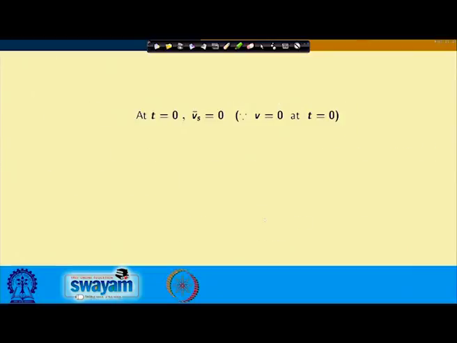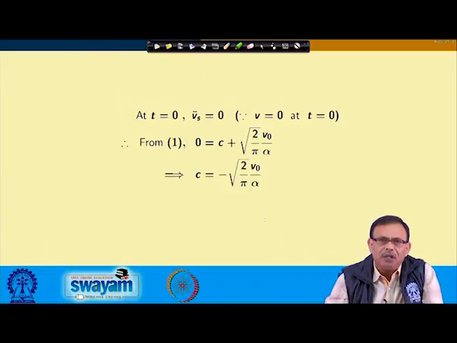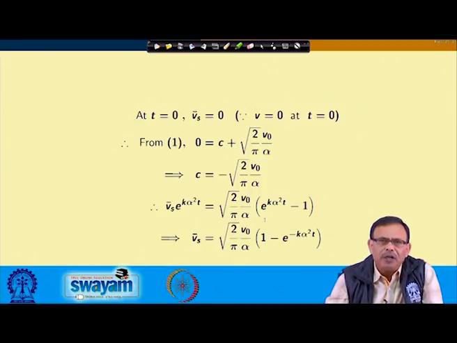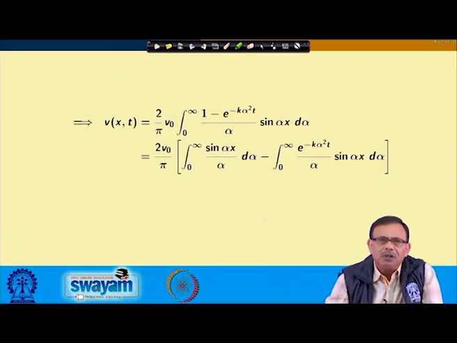And once I am obtaining this, at t equals 0, v bar s is 0, since v is 0 at t equals 0. So, from this I can obtain the value of constant c. C I am getting as this. So, that v bar s I am obtaining, and once you are writing v bar s, now v x t you can write down. This you break into two parts, two integrals.